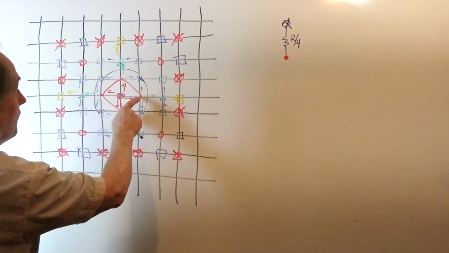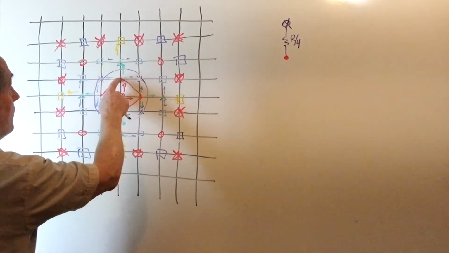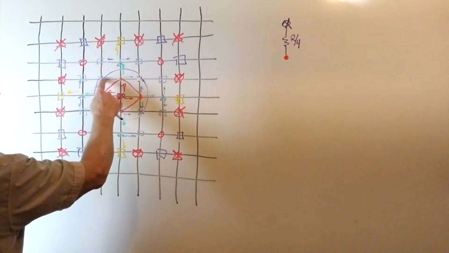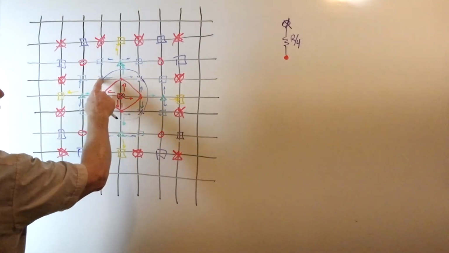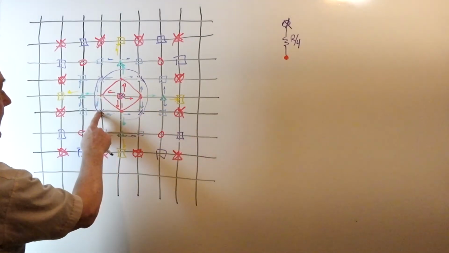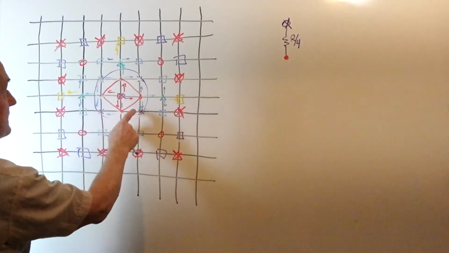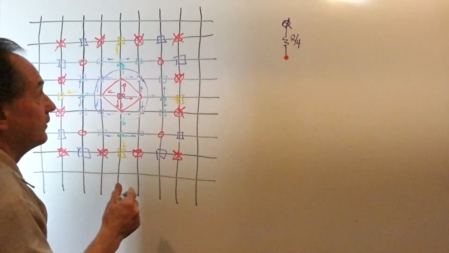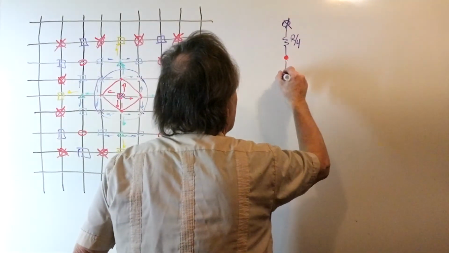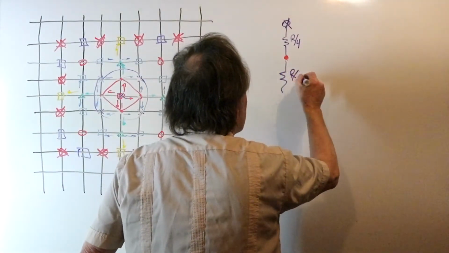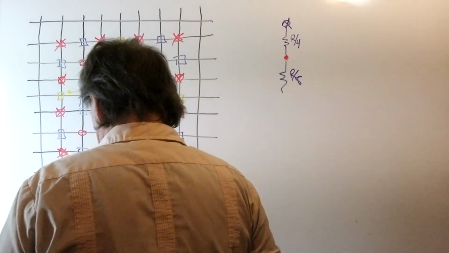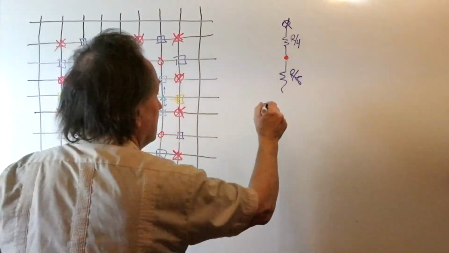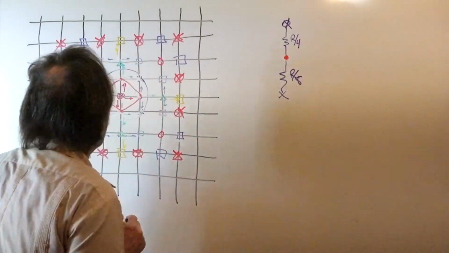Counting from the red, we've got 1, 2, 3, 4, 5, 6, 7, 8. So there's R over 8. We have 8 resistors in parallel. So it's R over 8, and that's taking us to that node.